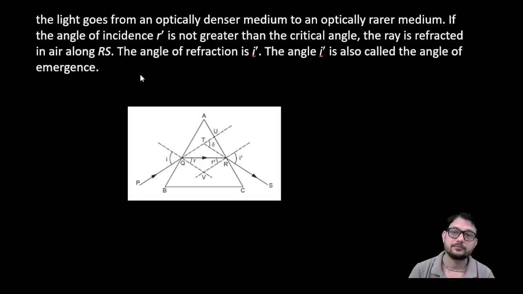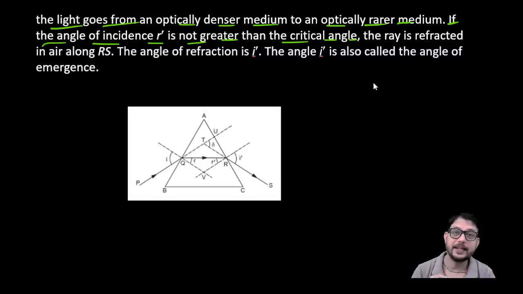Now, as I have told you, the light goes from the optically rarer medium, air, to the optically denser medium, glass. If the angle of incidence R dash is not greater than the critical angle, this is the condition.